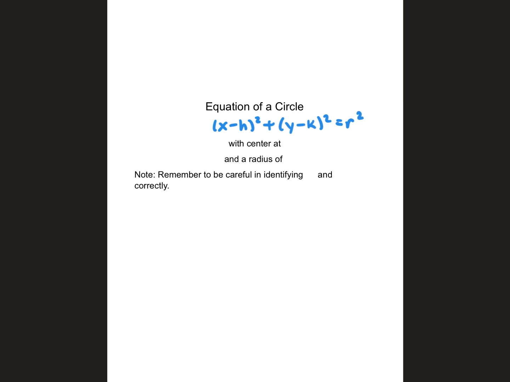A few things to point out here. Your center is located at h comma k, and the radius of the circle is simply r. Notice that r squared is at the end there, so you're going to have to take the square root of that number to figure out your radius.